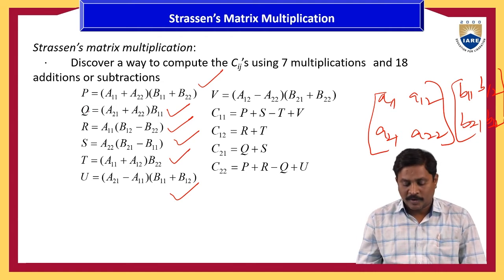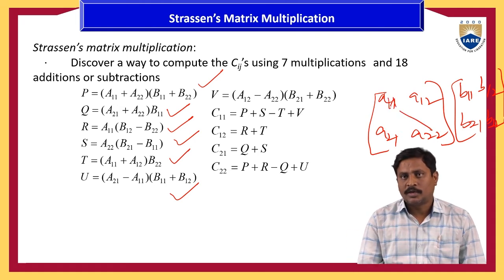Now the P value is (A11 plus A22) into (B11 plus B22).